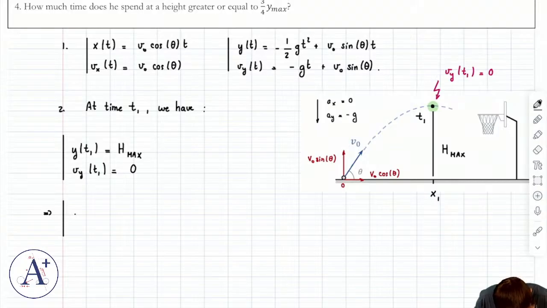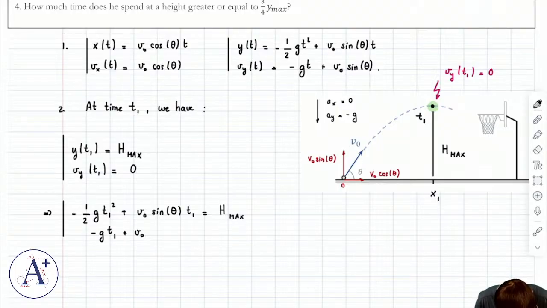That's going to be minus 1/2 g t1 squared plus v naught sine theta t1 is equal to h max, and then vy of t1 is equal to 0. That's going to be minus g t1 plus v naught sine theta is equal to 0.